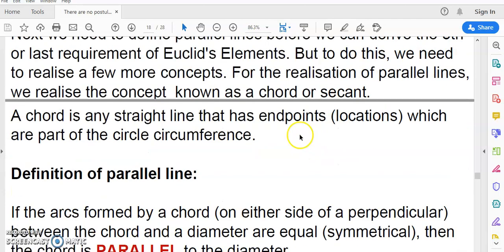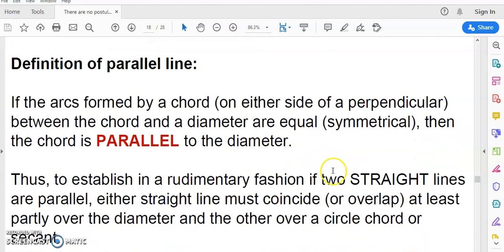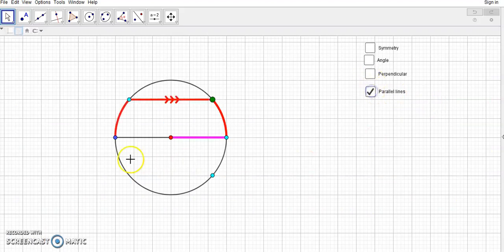Now we are in a position to define what it means for lines to be parallel. If the arcs formed by a chord on either side of a perpendicular between the chord and a diameter are equal, in other words symmetrical, as I'll show you now, then the chord is parallel to the diameter.